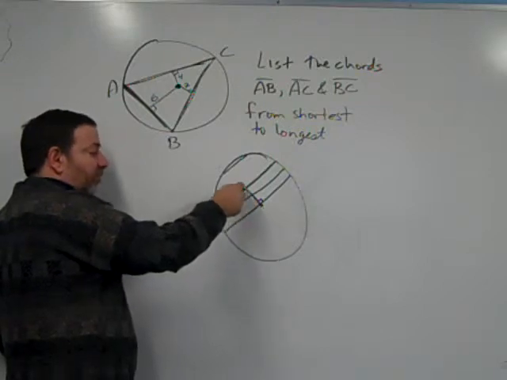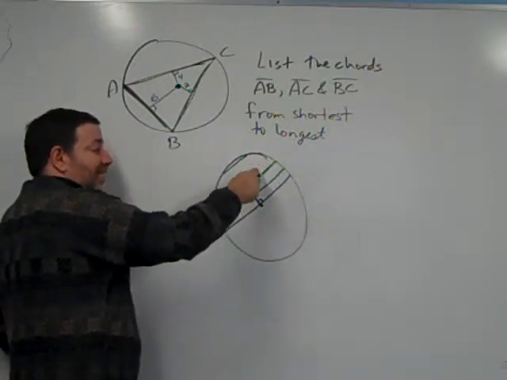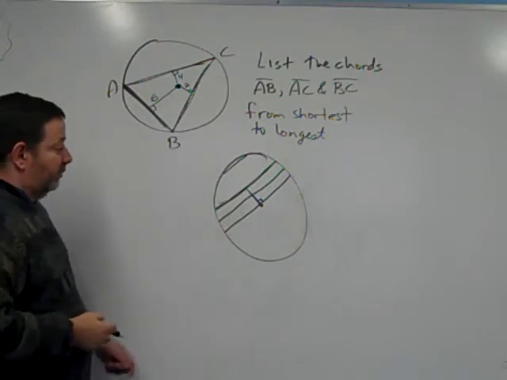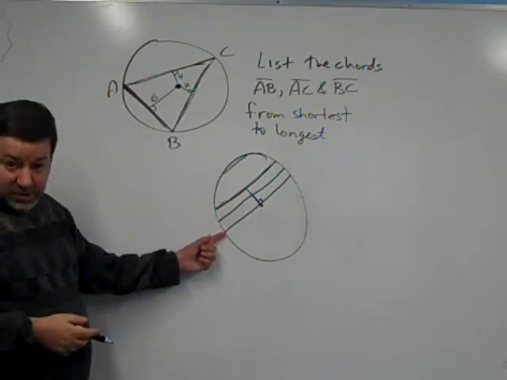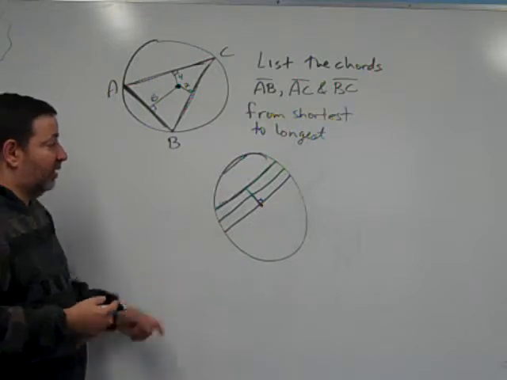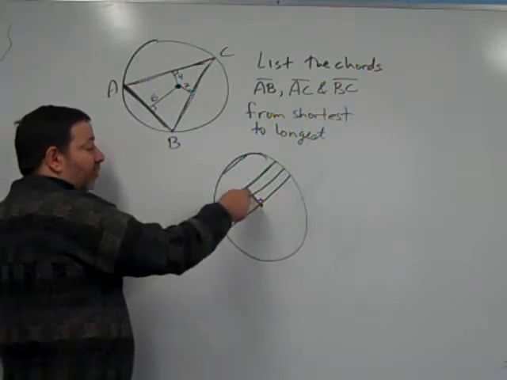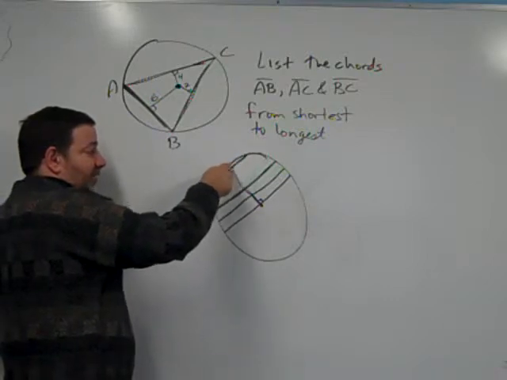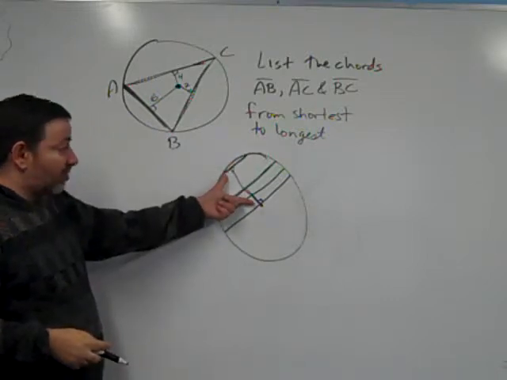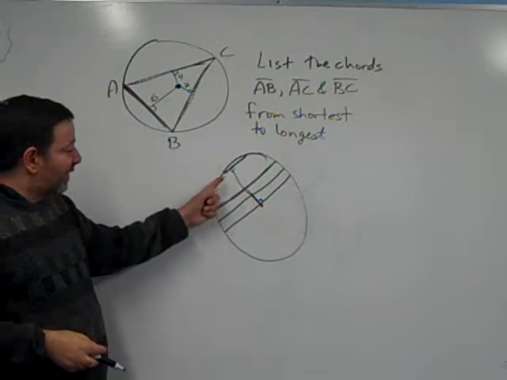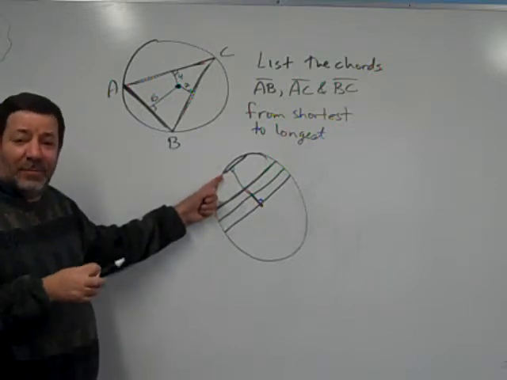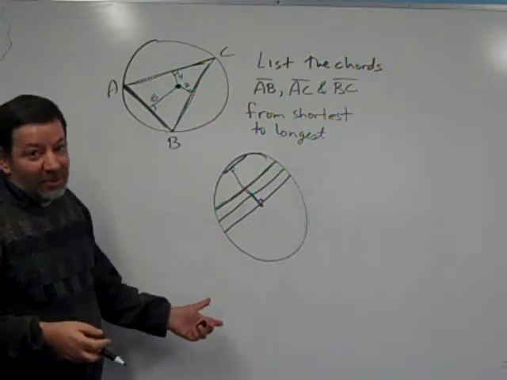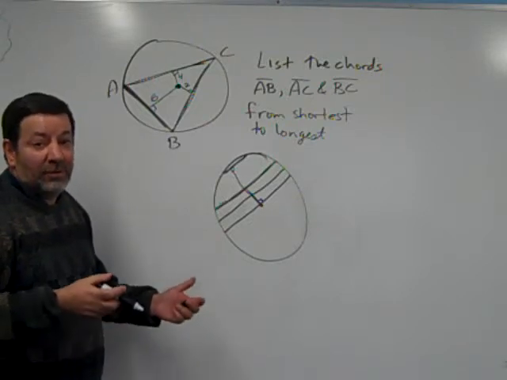You went further from the center, but yet the chord is shorter than the diameter and this one. If you go even further away from the center to this line here, that's the furthest we went from the center, yet the chord is the smallest. As you go away from the center, the chords get smaller and smaller.